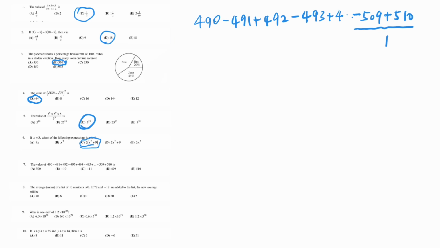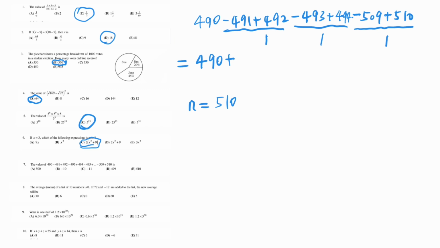So after 493 is 494, this is still 1. Still 1. So just leave the 490. To 490, we add how many 1s? The numbers from 491 to 510.